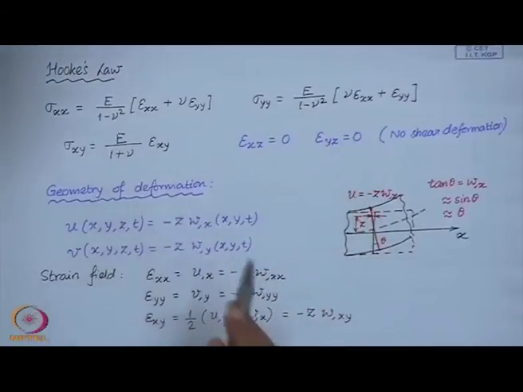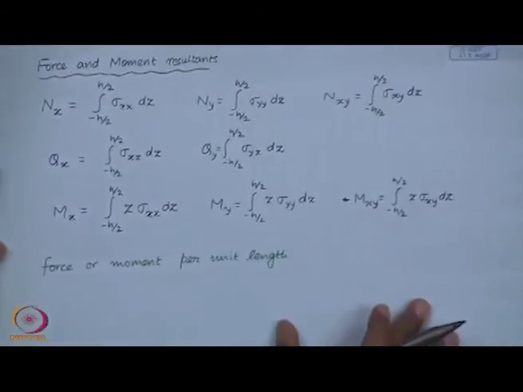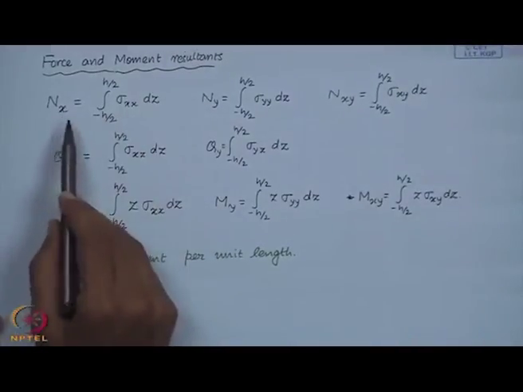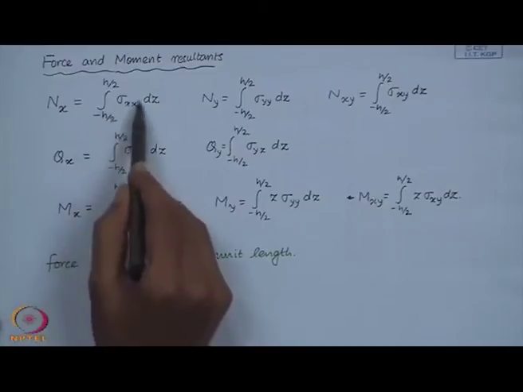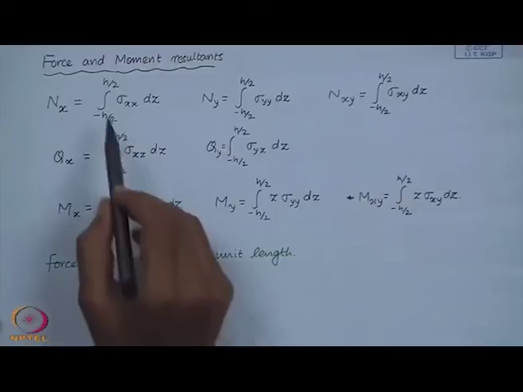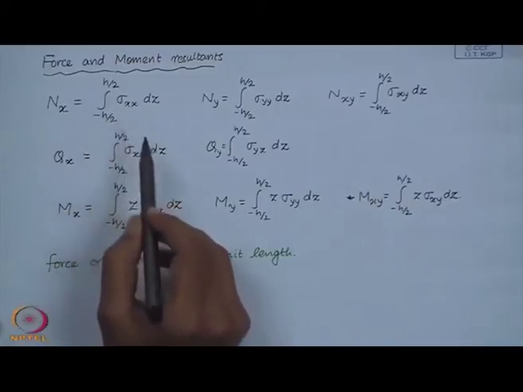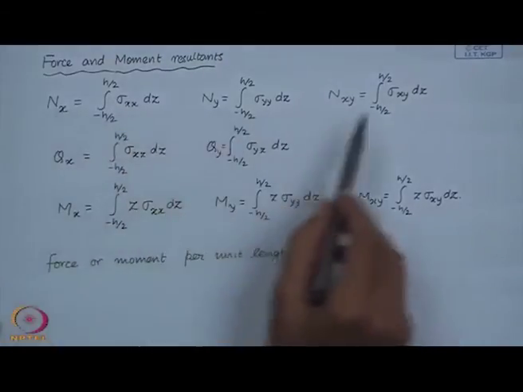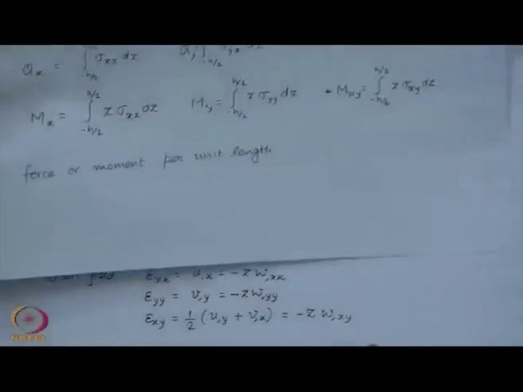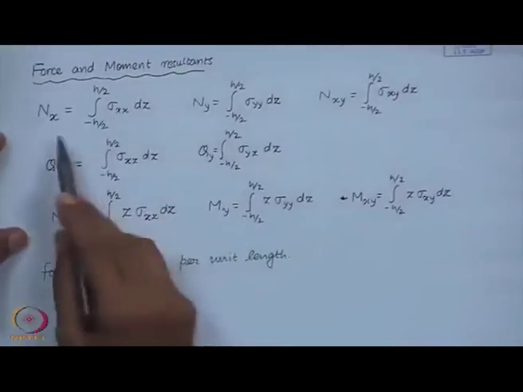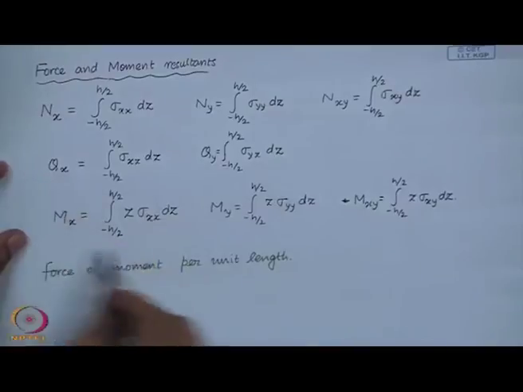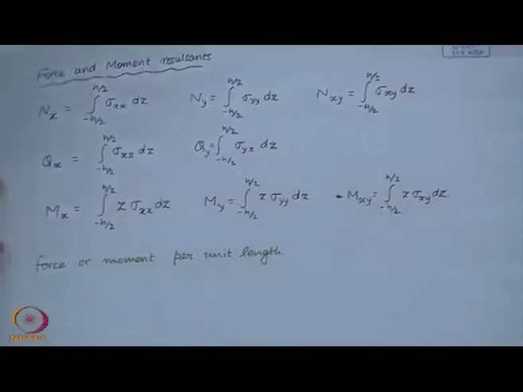So, if you go back to the calculation of the resultants, if this is linear in z, then z integrated from minus h by 2 to plus h by 2 is actually 0. Which means that these terms are going to vanish. So, n x, n y and n x y are all 0. So, the non-zero resultants are q and m.